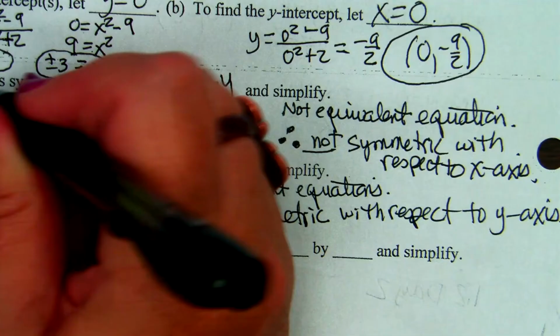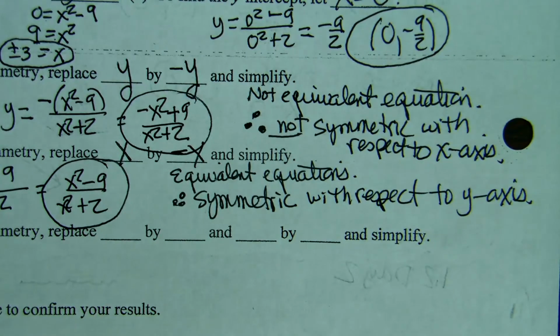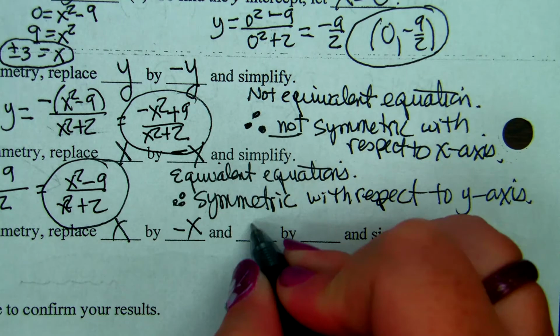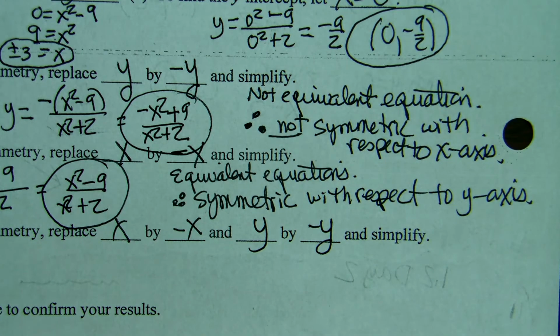So that was for x-axis symmetry and y-axis symmetry. This one's for the origin. You replace x by negative x and y by negative y, and you simplify. And you do both.